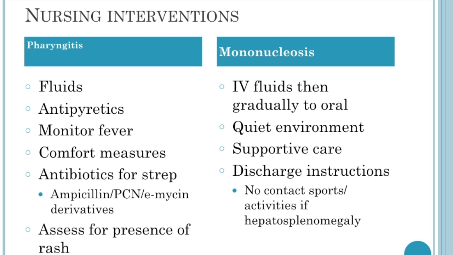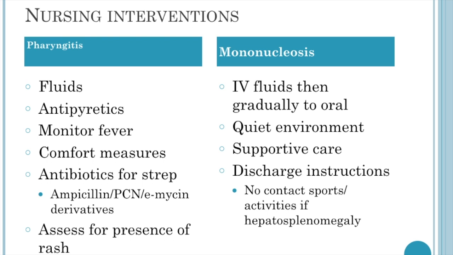So our nursing interventions related to pharyngitis and mono is to promote fluids. But unlike mononucleosis, we can usually promote fluids orally in someone who has a simple pharyngitis. Both of them are going to require antipyretics. The mono, because their fever is so high, we will alternate Tylenol and Motrin.